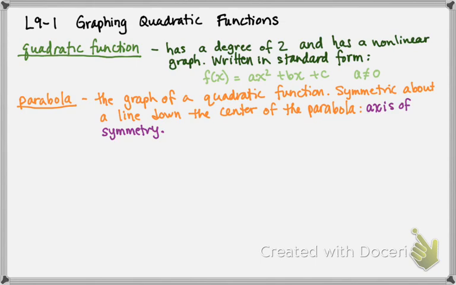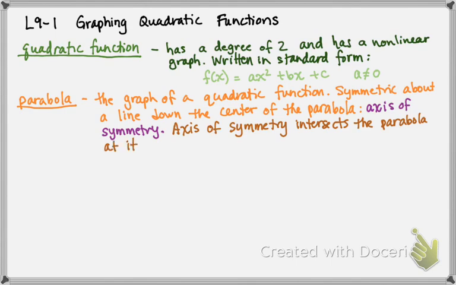So, the axis of symmetry plays a very key role because the axis of symmetry intersects the parabola at its vertex.